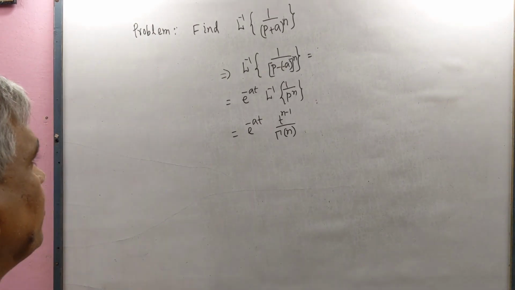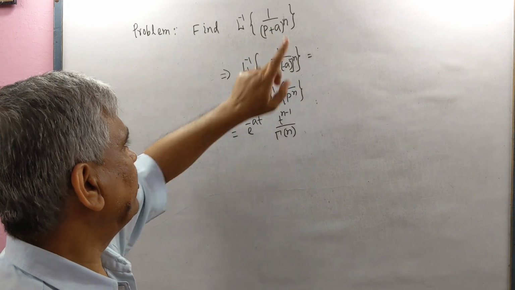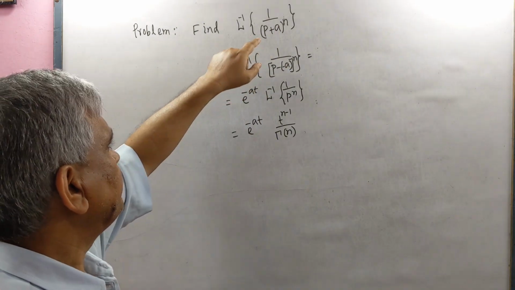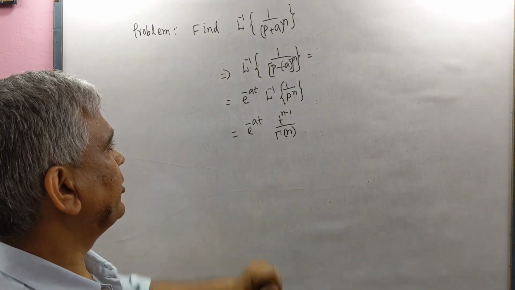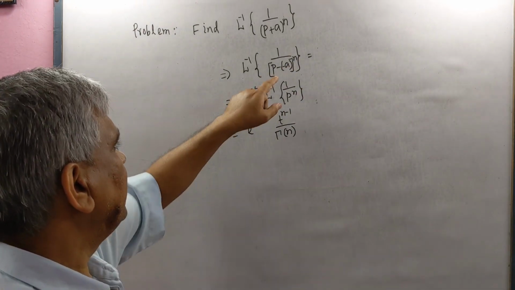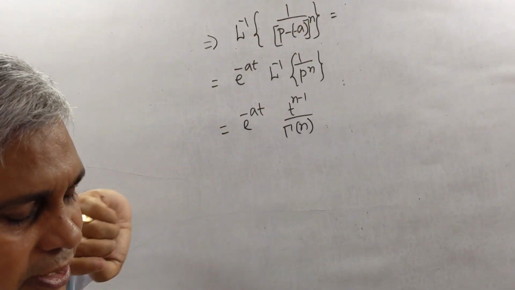Now we solve a problem. L inverse 1 by (p plus a) to the power n. We may write (p plus a) to the power n as (p minus (minus a)) to the power n. So this is L inverse f(p minus a) type.